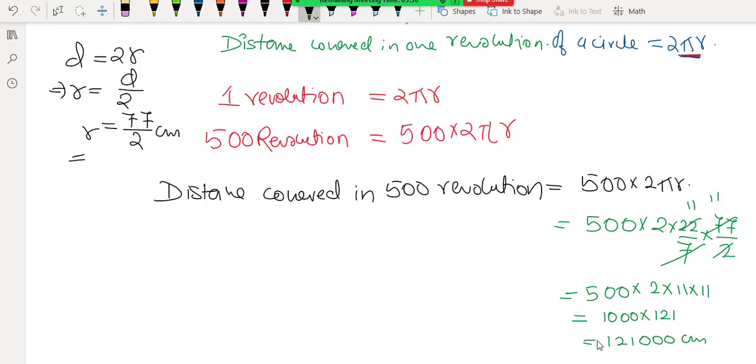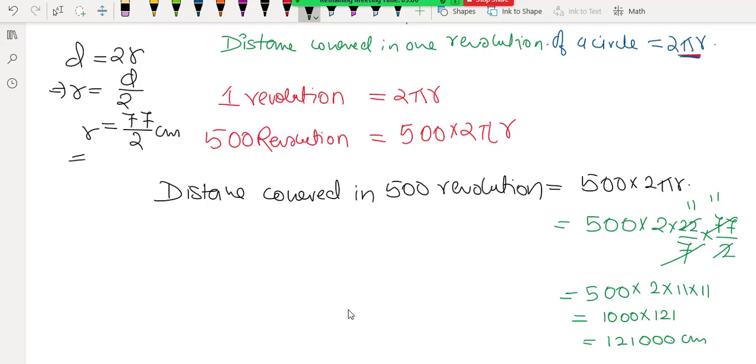That means it will become how much? Unit, 10, 100, 1000, 10,000, lakh. It will become 1,21,000 centimeter. So in 500 revolution our distance will be 1,21,000 centimeter if our diameter is 77 centimeter. समझ में आया आप लोगों को?